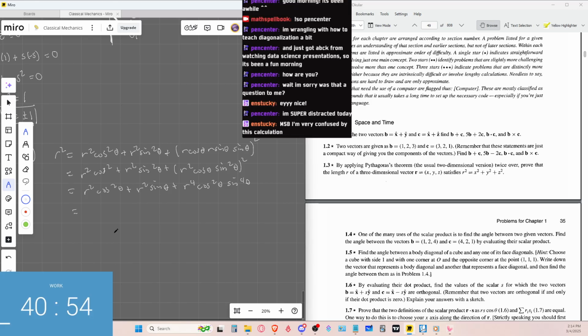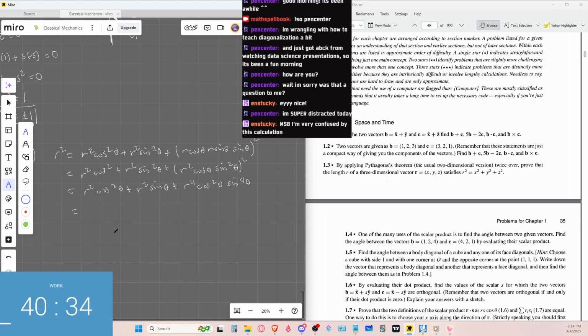MSB, I'm very confused by this calculation. For problem number 1.3, it says, by applying Pythagoras' theorem, the usual two-dimensional version, twice over. I don't know what they mean by twice over.